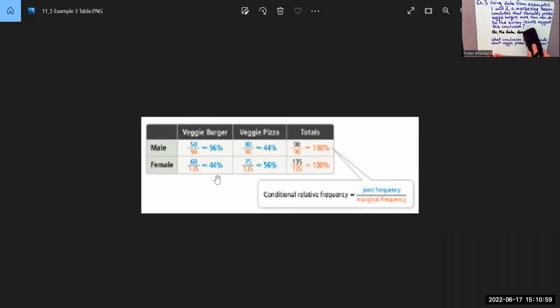Okay, so it supports the opposite, that females prefer the veggie pizza as much as men prefer the veggie burger. And it also supports that women like the veggie burger just as much as they like the veggie pizza.